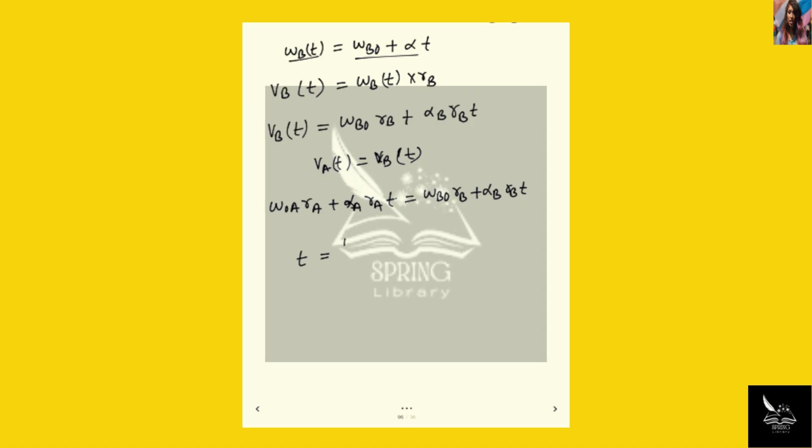So from here, after rearranging, time t will be equal to omega A naught RA minus omega B naught RB, divided by alpha B RB minus alpha A RA.